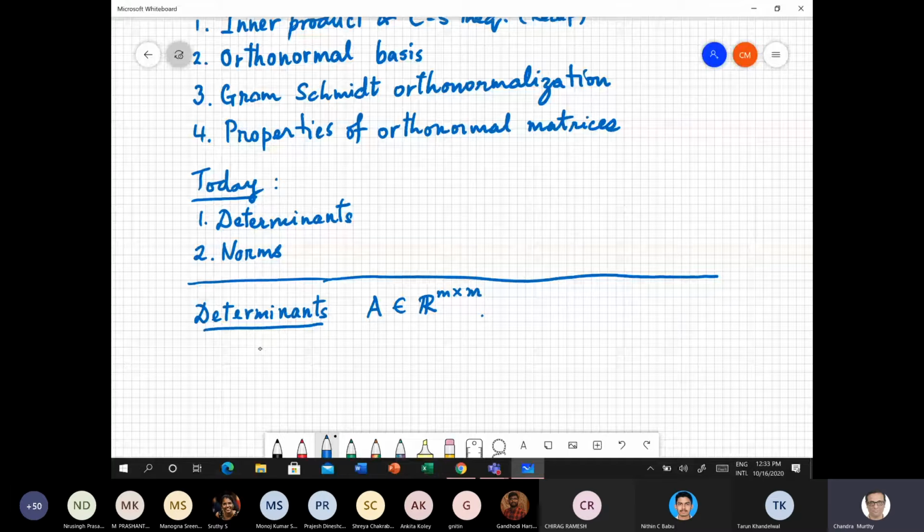So if I consider the matrix Aij to be the m-1 cross m-1 matrix obtained by deleting the ith row and jth column.